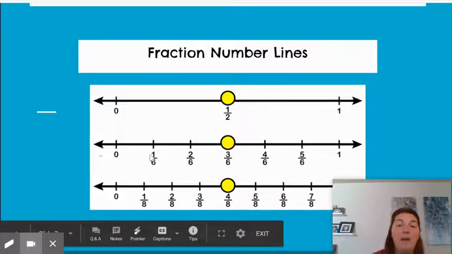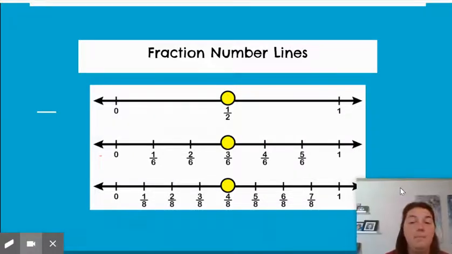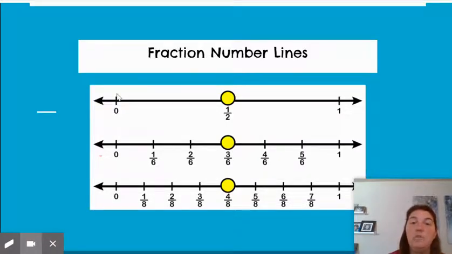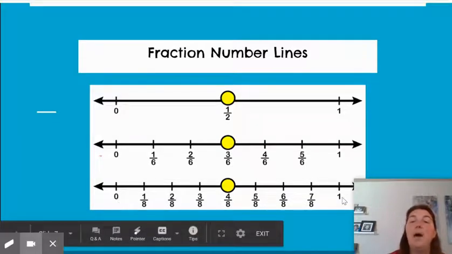There's no other fractions that line up. See how this one is a little bit over from 1/8. This one is a little bit short of 3/8. None of the other fractions besides, actually, I may have spoken too soon, my 1/2s all line up, and that should always be the case. In order to do this, if you were to be creating the number lines, you want to make sure your zeros all line up to the same spot and your wholes line up to the same spot.